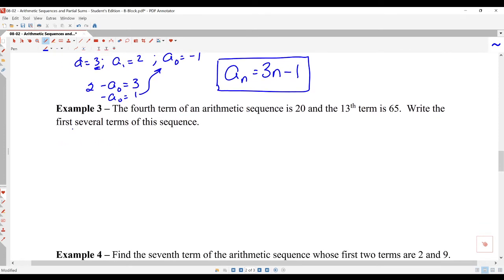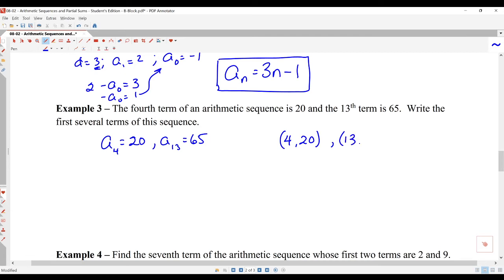Okay, example 3. The fourth term, so a4, of a sequence is 20, and the 13th term is 65. Write the first several terms of the sequence. All right, so to give you an idea, the way I look at this is, again, I look at it linearly. So my input is 4, my output is 20.